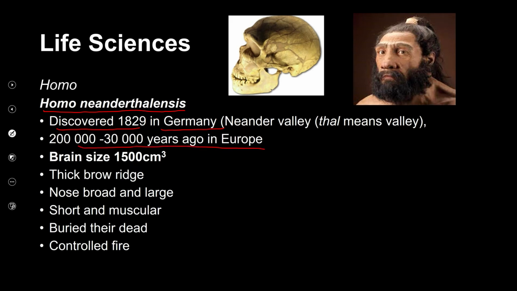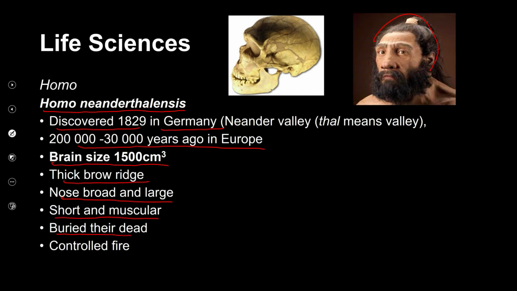So that's also a much more recent species than what we've had a look at before. Now the brain size was much larger. There you can see that they've got a much larger cranium. They had thick brow ridges. The nose was broad and large. They were short and muscular.